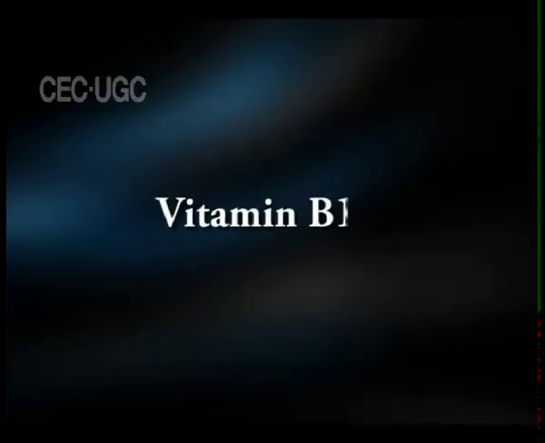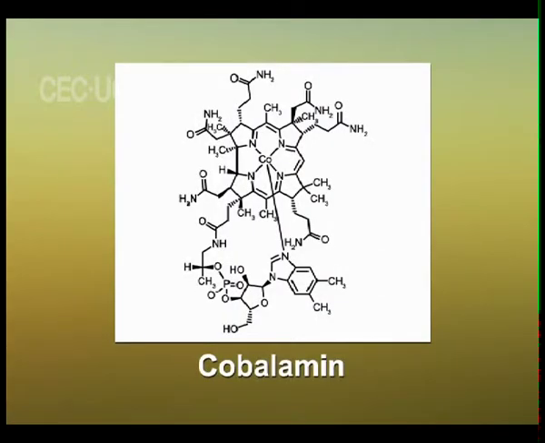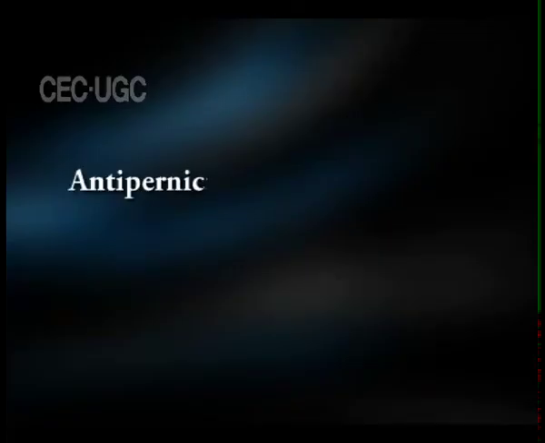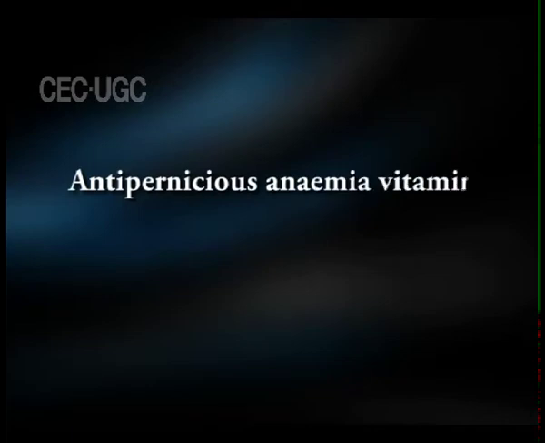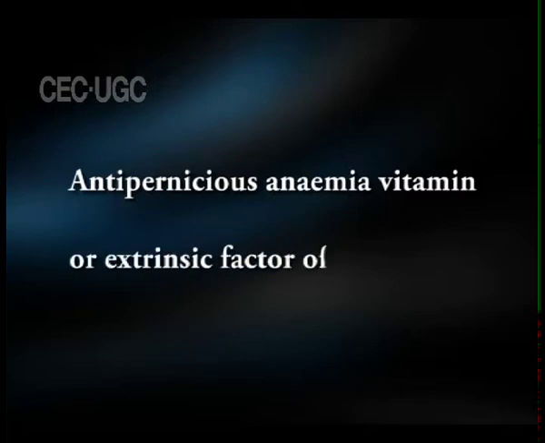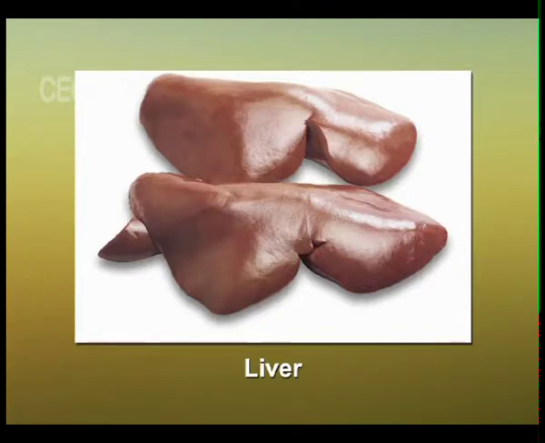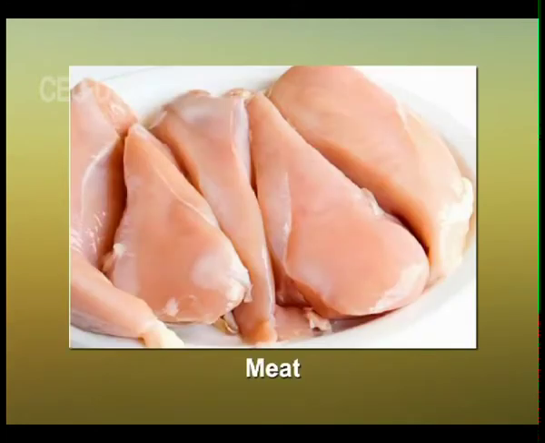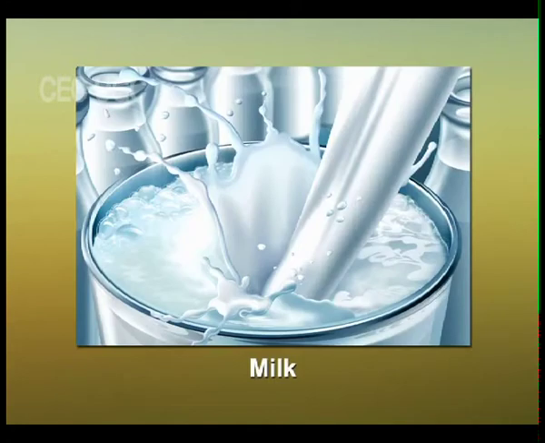Vitamin B12. It is also known as cobalamin, anti-pernicious anemia vitamin, animal protein factor APF, or extrinsic factor of Castle. It is the only vitamin with a complex structure. The best sources of this vitamin are liver, eggs, meat, beef, milk, and milk products.